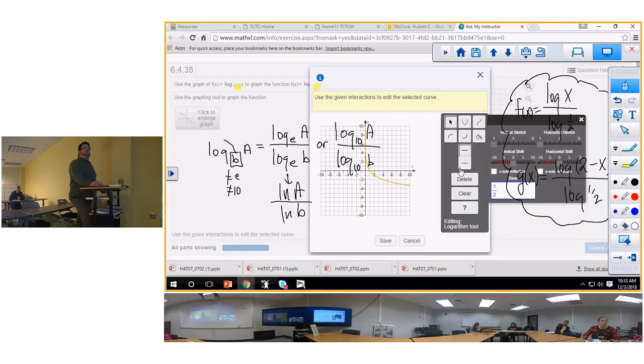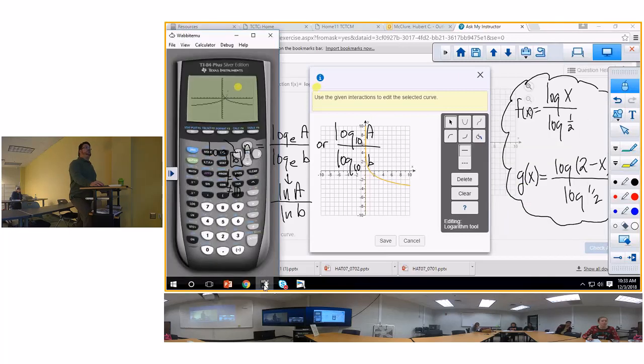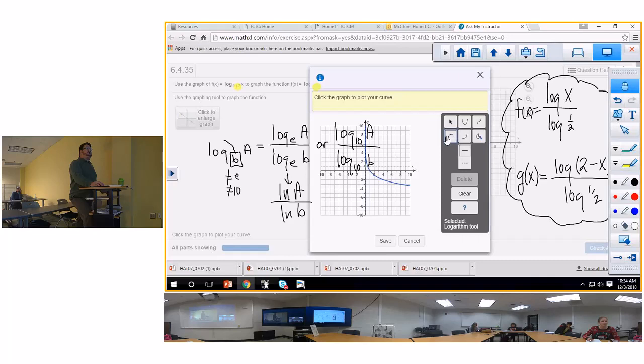Well, wait a minute. It's going the right way, isn't it? Yes, it's going the right way. And then the other function, we're going to hit it again.